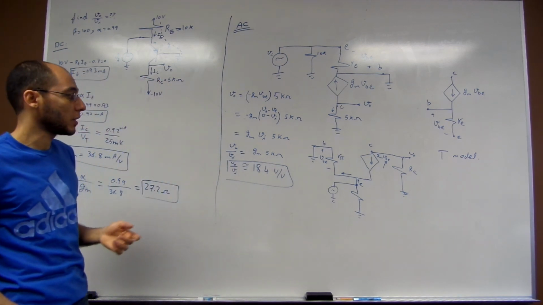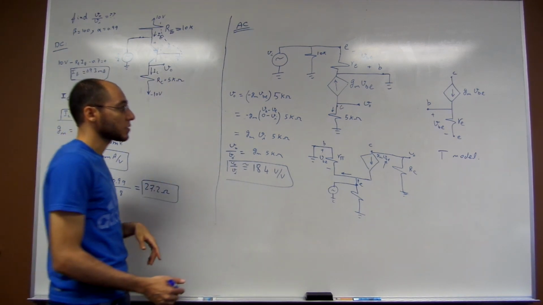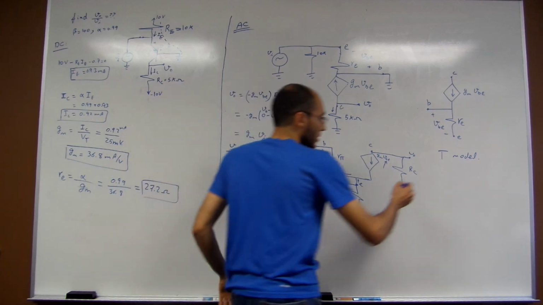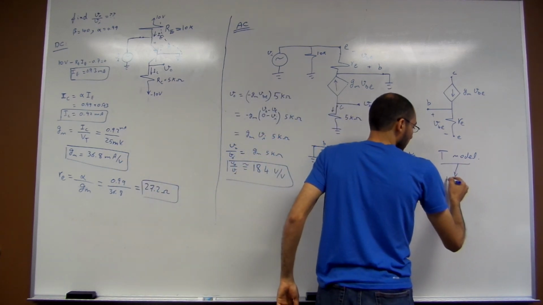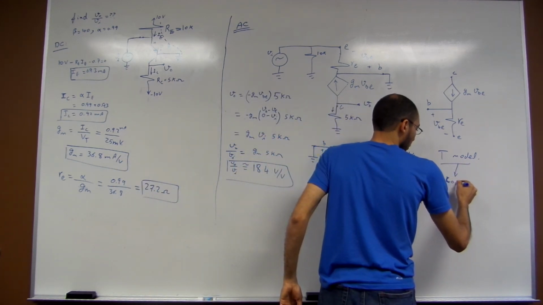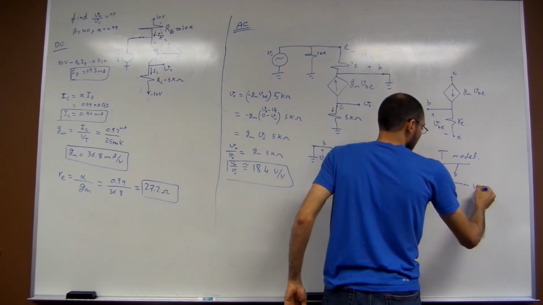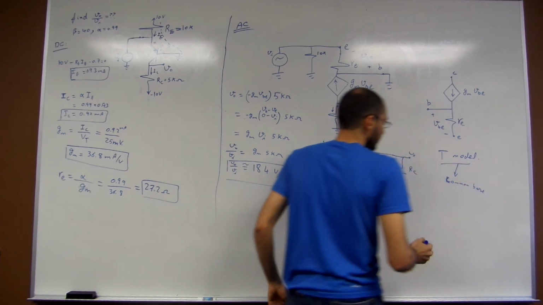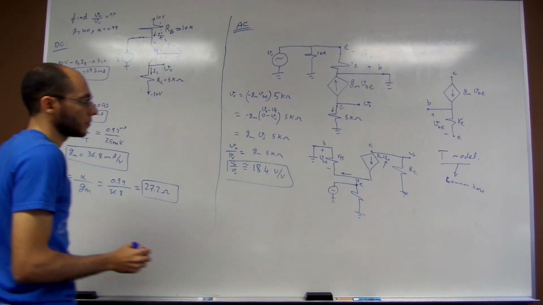But that's a very long way. So that's why the T model is always easy whenever you have a common base.